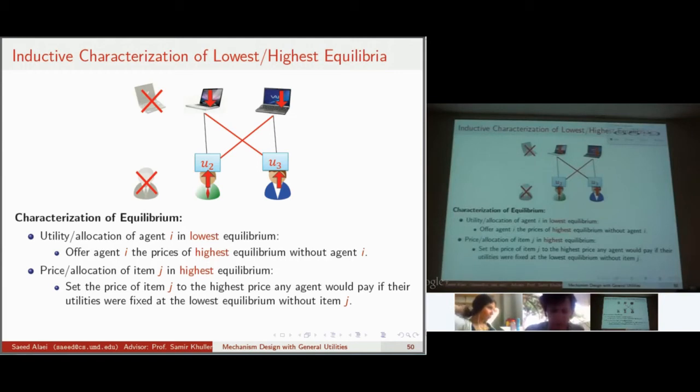Yeah, and that gives the price for that item. My recollection of the Gul-Stacchetti result was just the same as this. You remove a player or remove an item.